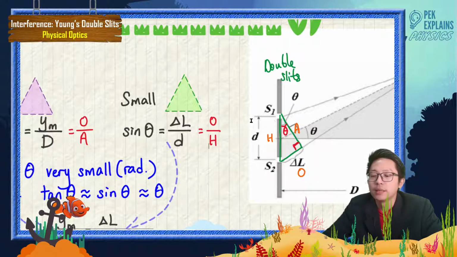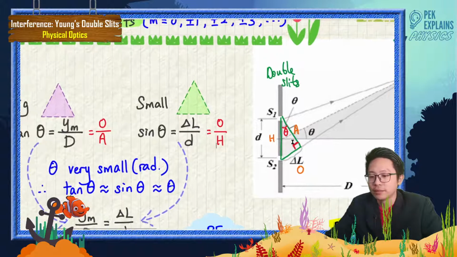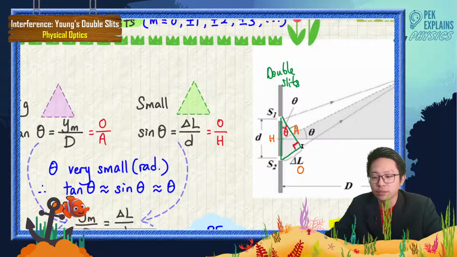Hypotenuse is the small d, the separation between the two slits. So opposite over hypotenuse is delta L over d. That's the small triangle. Sine theta is delta L over d.